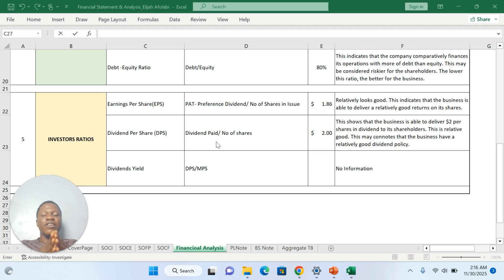Now you have been able to learn basic preparation of financial reports for a micro business. You've also been able to learn financial statement analysis, and importantly, the interpretation of all of those ratios. These are ratios that you should watch out for.